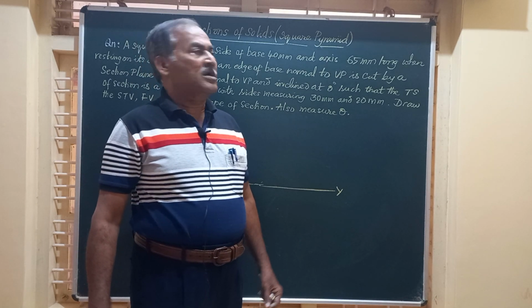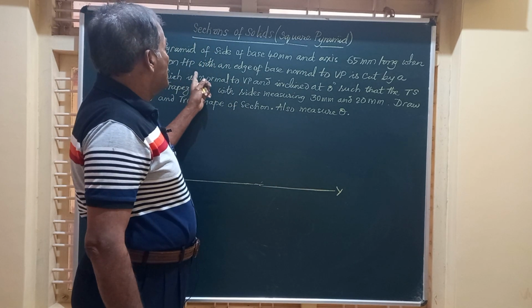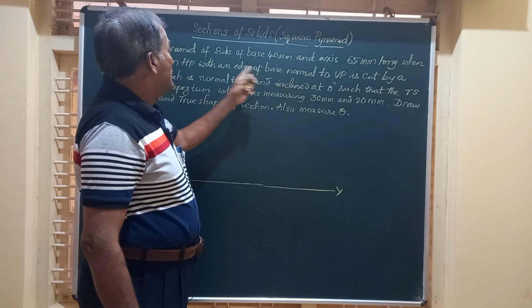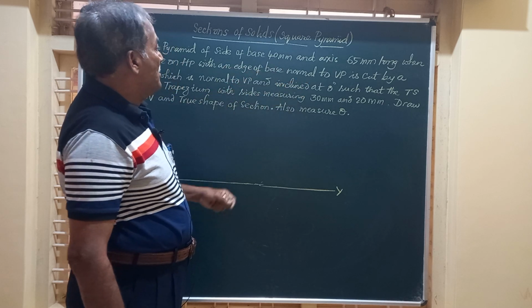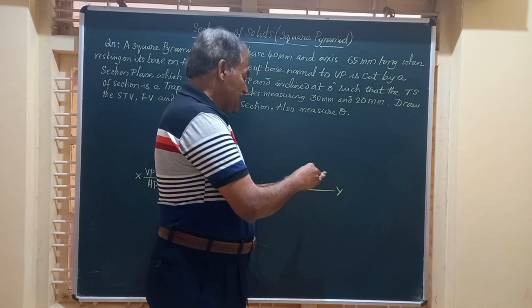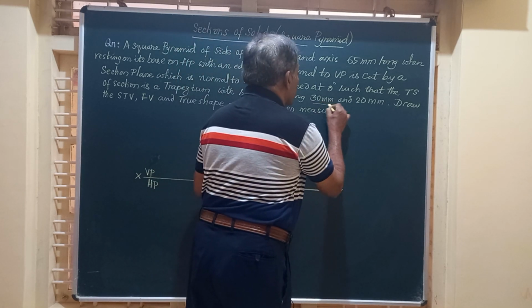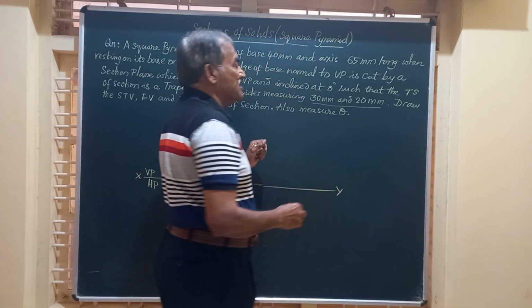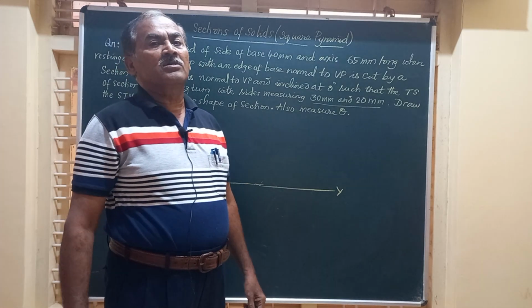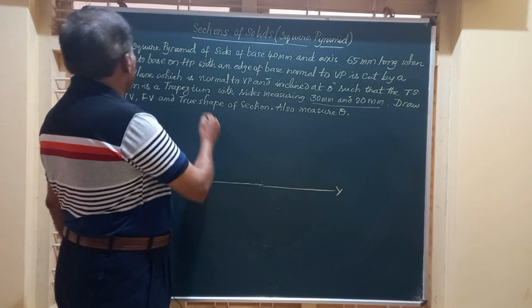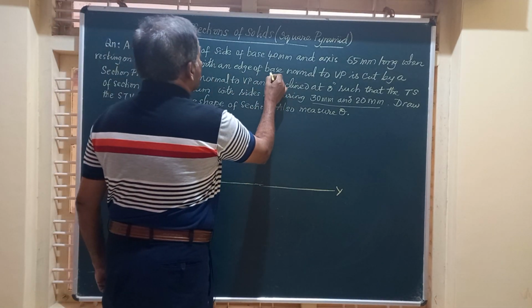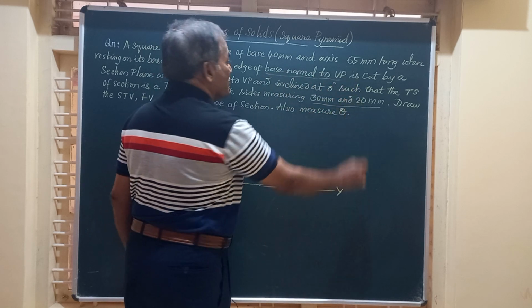Friends, he has given in the question that this is having a side of 40 mm and the size of the true shape of the section, that is the parallel sides measuring 30 and 20 is given, and it is specified that one of the base edges is normal to VP.